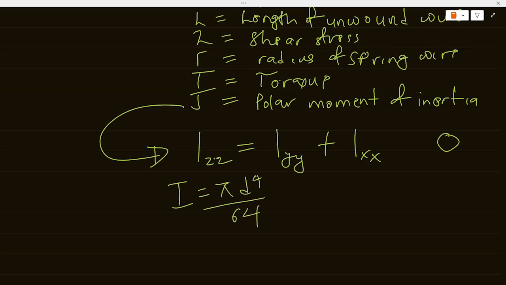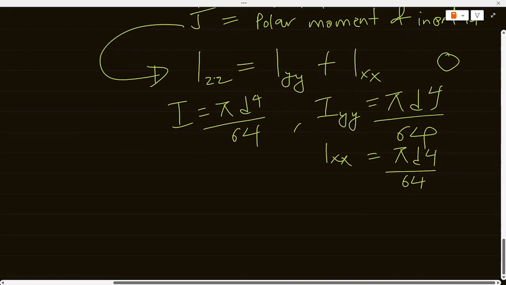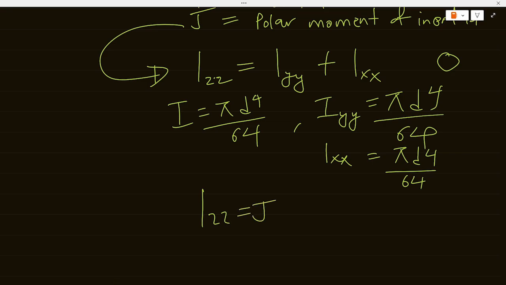So Iyy is equal to pi d^4 over 64, and Ixx is also equal to pi d^4 over 64. If these two are the same, my Izz, which is my polar moment of inertia J, is equal to 2 times pi d^4 over 64.